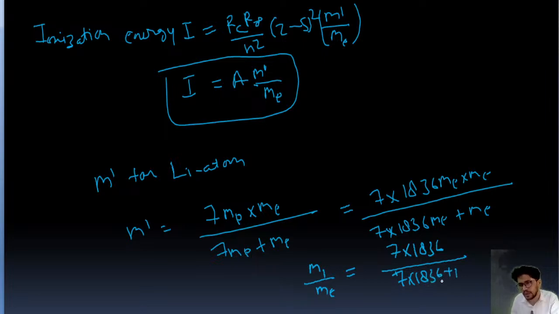This plus 1 is very small compared to this huge value, so we can leave it, and the value is almost 1. So the ionization energy I1 for normal lithium is A into 1, which is almost equal to A.